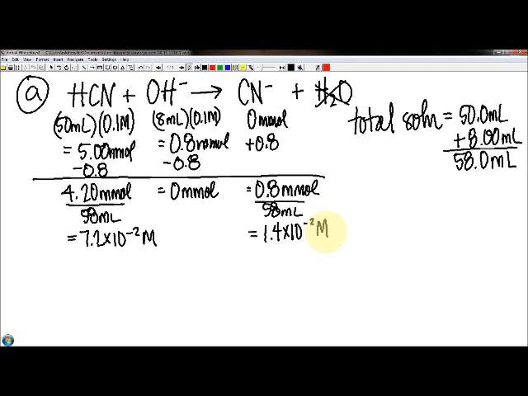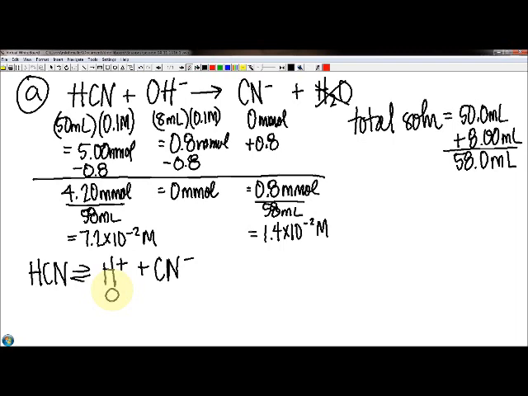Okay, so we can use these two numbers now in an equilibrium expression. So we are going to now break down our acid into the proton plus the anion. And the reason why we're doing this is because we need to solve for the H plus so that we can know our pH.